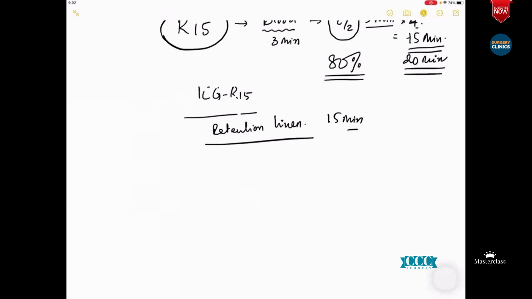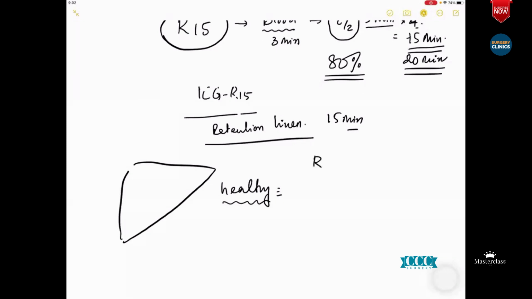Have I made you understand up till this point? If the liver is a healthy liver, will it retain ICG or will it kick out ICG? It will kick out ICG. Very good. That means if the liver is healthy, the ICG R15 values will be less than 10%.